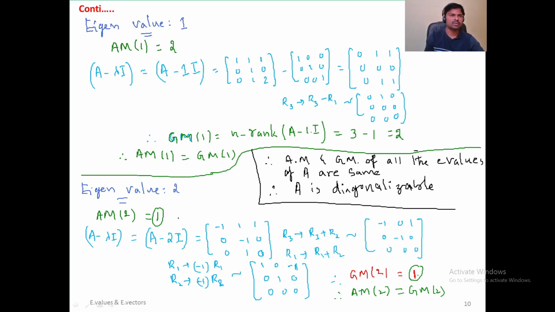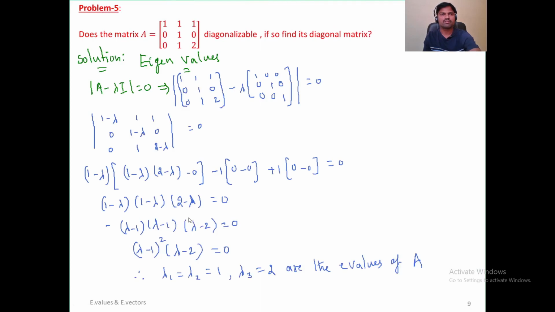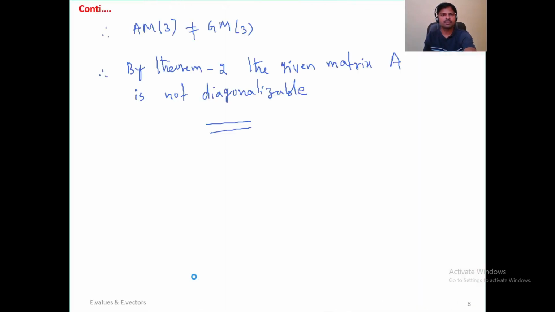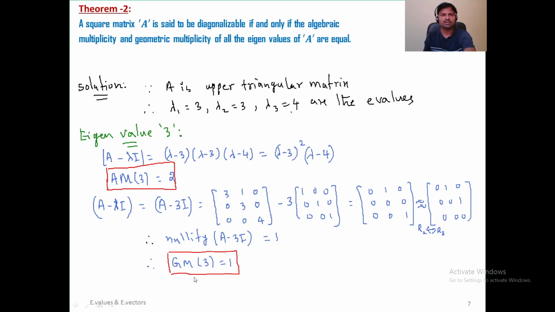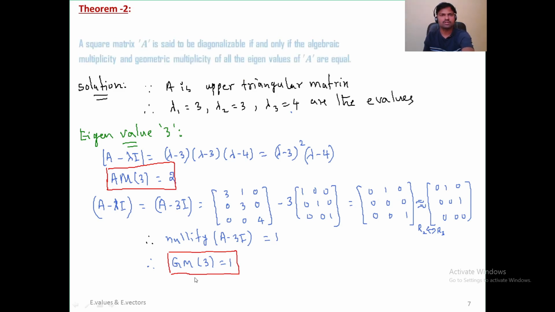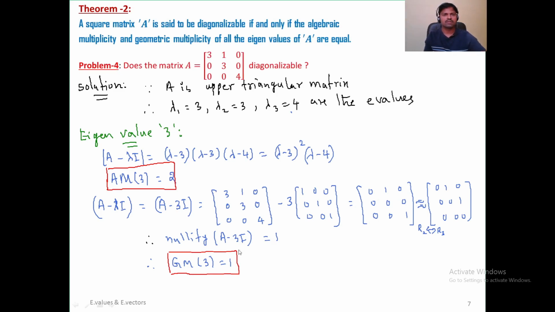Look at problem number 5 and problem number 4. What you observed is, in problem number 5 the eigenvalues are repeated, and in problem number 4 also the eigenvalues are repeated, 3 3 4.